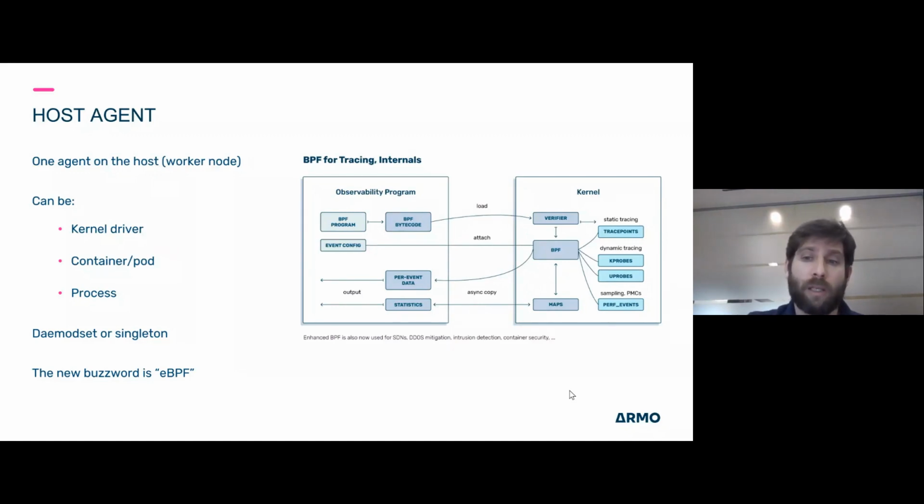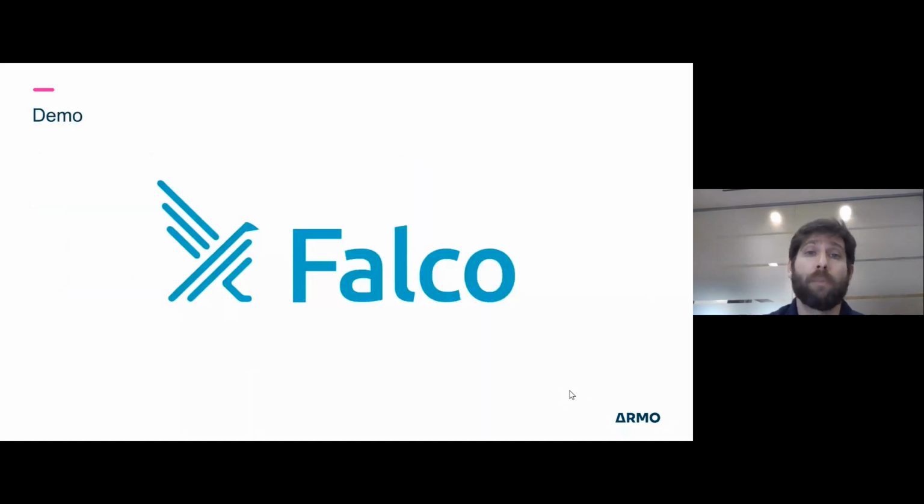And with this option, I'm going to show you an example. I'm using Falco. Falco is a CNCF graduated project by a company called Sysdig. Basically, it's eBPF runtime security for Kubernetes.